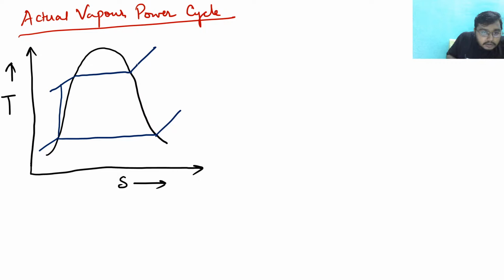Suppose at this condition it is at a superheated state, so this would be my configuration. Let it be 1, 2, 3, and 4.